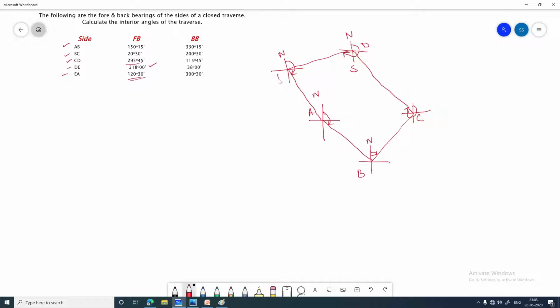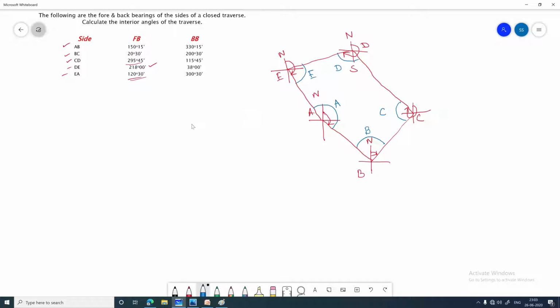So D and this point is E. Now we need to determine the interior angles. That means this angle, this angle, this angle, this angle, and this angle, right? So this is angle E, this is angle D, this is angle C, and this is angle B, and this is angle A. So we need to determine these angles, right?